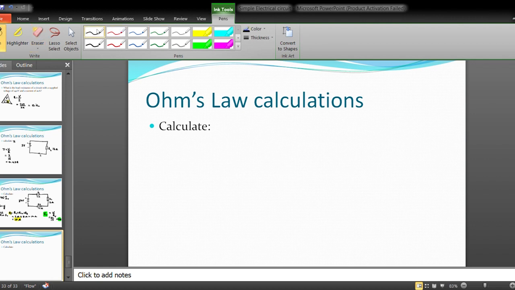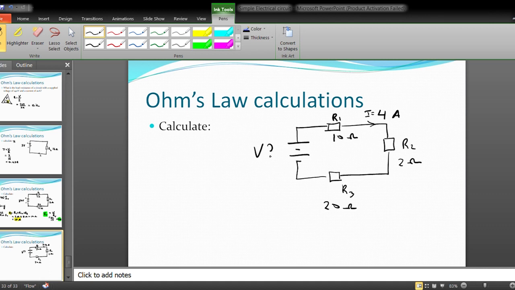Right now, let us look at another question. Alright, so for this question, it gives you the current, it gives you three individual resistances, and the voltage is missing. So we will try to find the voltage in this circuit.